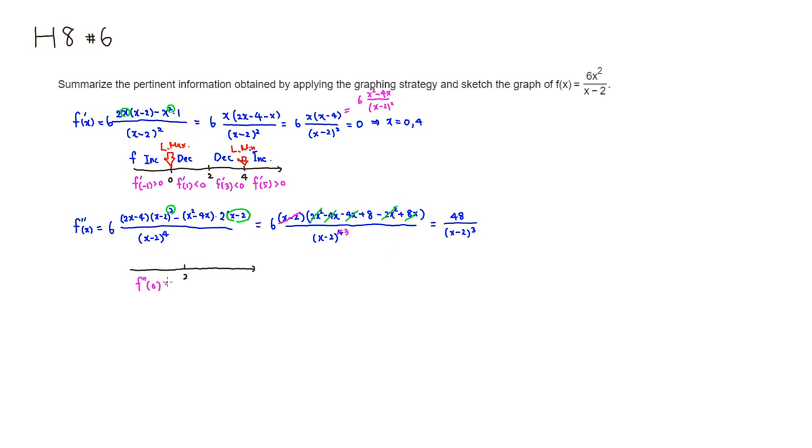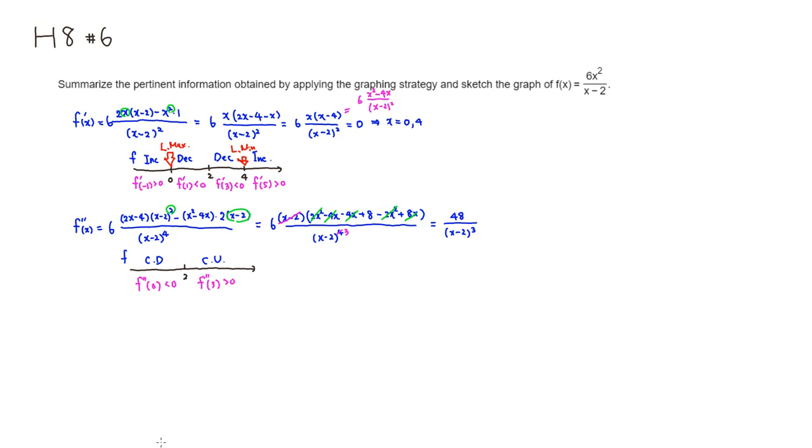So this is going to be negative there. And if you try f double prime of 3 or something like that, everything is going to be positive. All right, so the original function is going to be concave downward before 2 and concave upward after 2.